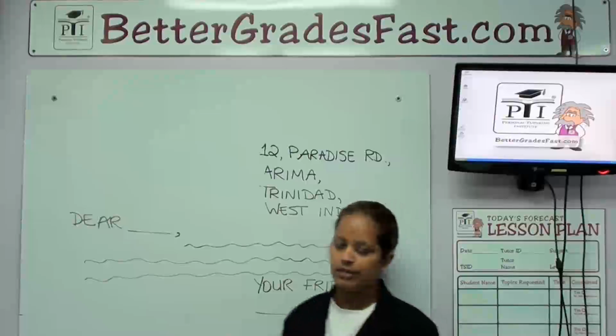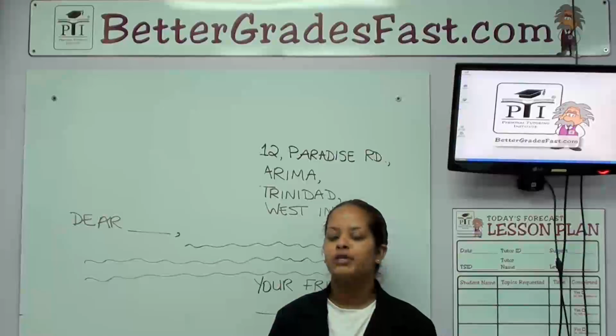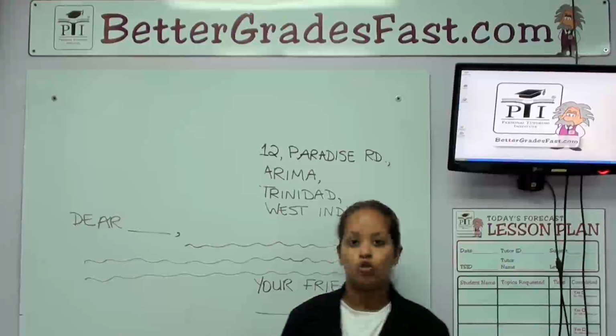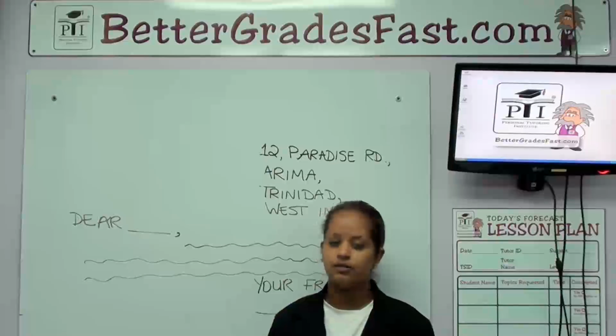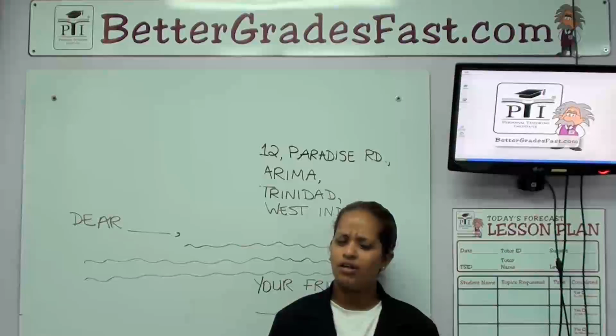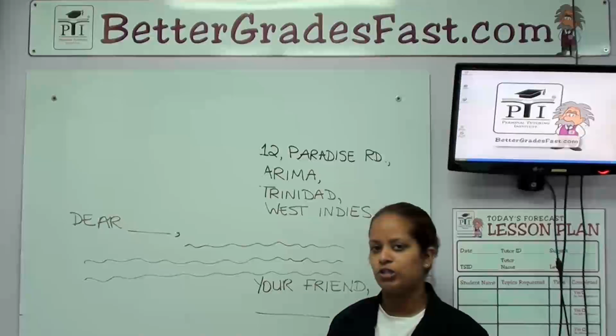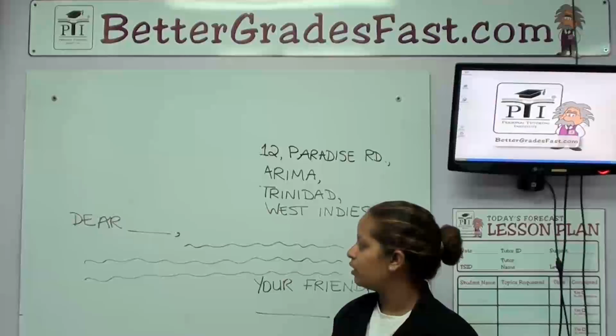So if you are writing about a concert, an invitation to a concert, you need to include information like its location, the time, travel arrangements, who is going, who will be performing, and other little parts of information that would be necessary to the person you are writing to.